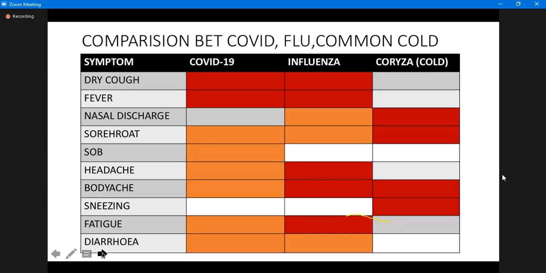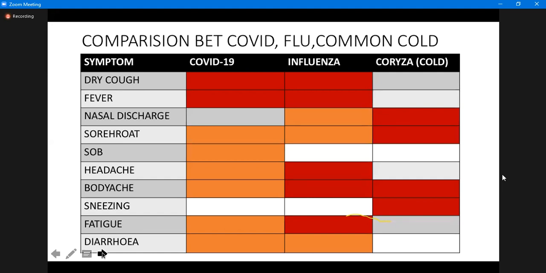This is a slide that I really like to compare as a clinician, because patients come with symptoms, not with a diagnosis. So we need to know at least some clues. There are not many clues. COVID-19 might look like influenza and coryza when it is a mild disease. The 3 important symptoms are dry cough, fever, and shortness of breath if the disease is more than mild.